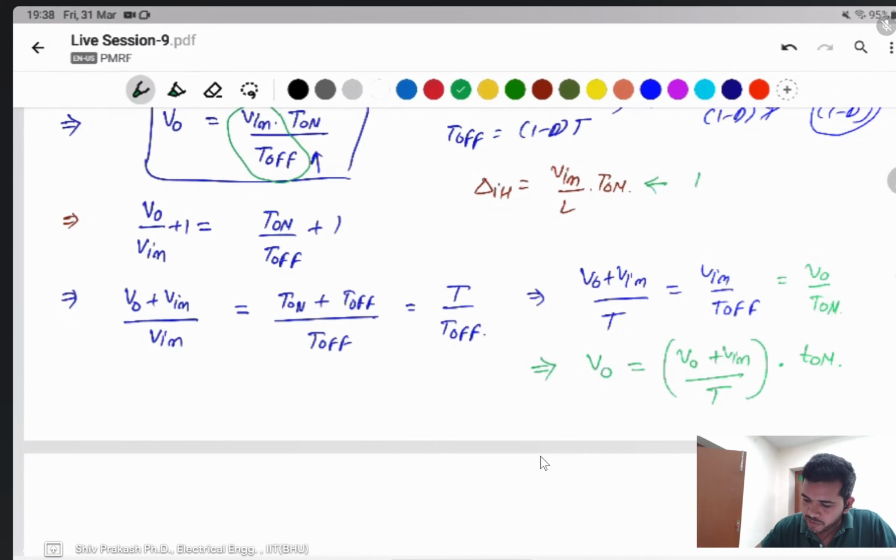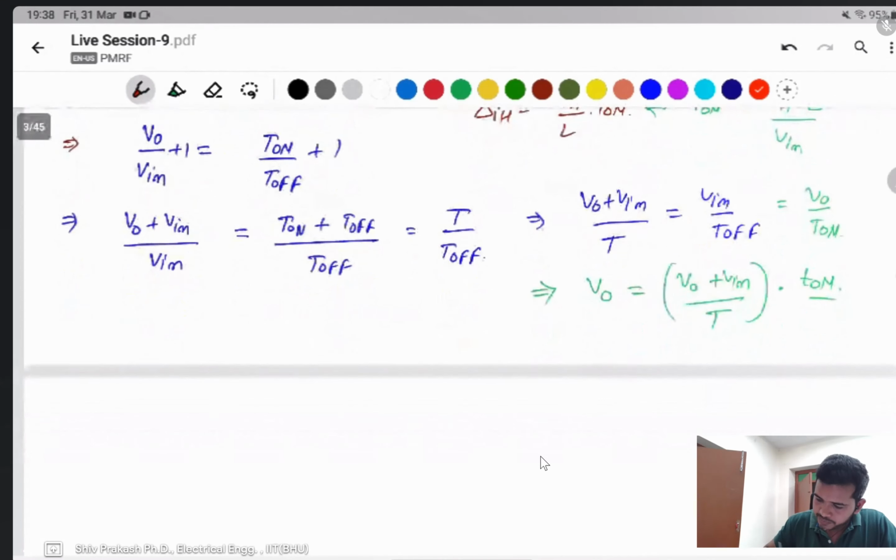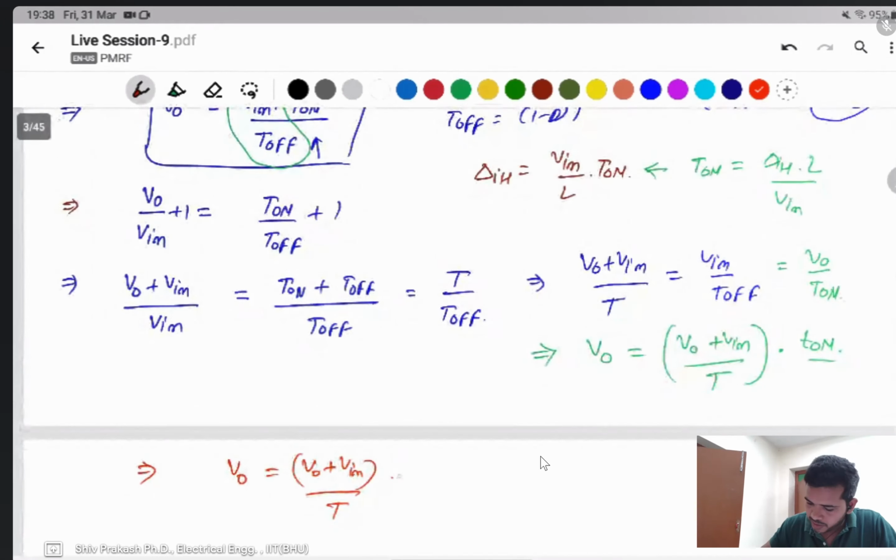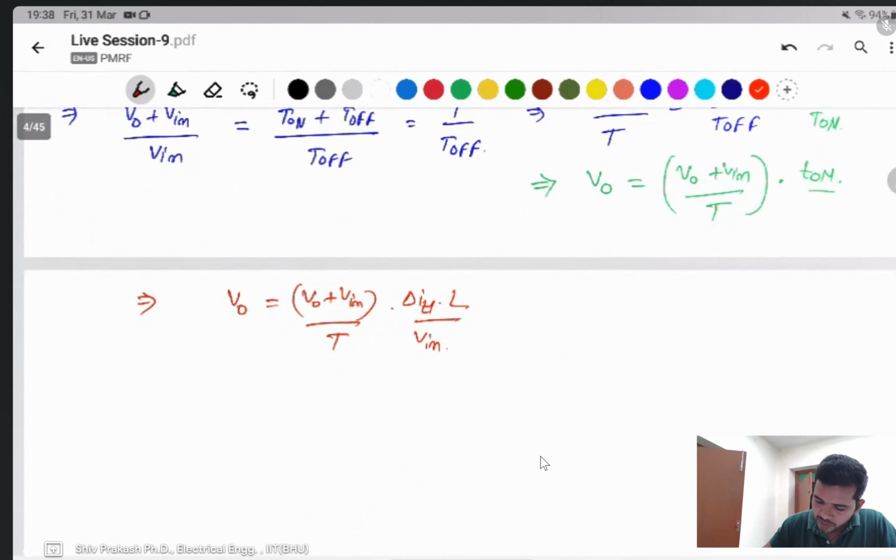From here you can replace T on by delta IH into L divided by V in. Replace here, then you find V output is equal to V output plus V in into, divided by the time period T, T on replaced by delta IH into L divided by V in. 1 by T, you can write as a frequency.